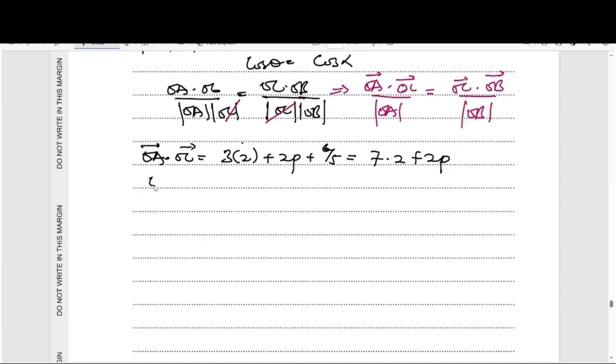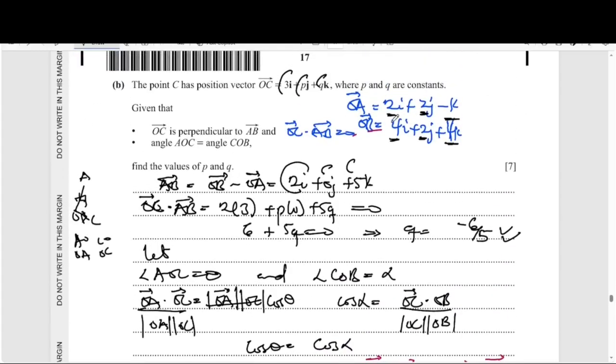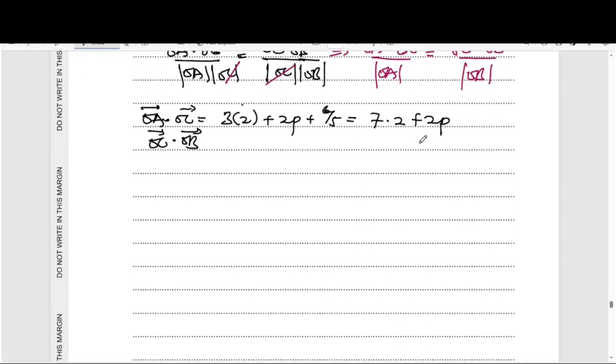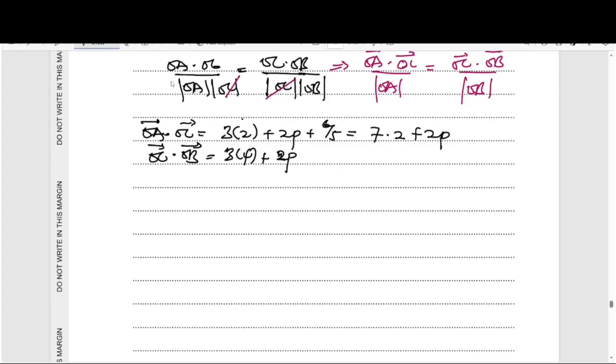Now, next to find OC dot OB as we require. Let's go back and check OC and OB. OC is 3, p, q, and then OB is 4, 2, 4, right? So you multiply them, you find a dot product. So 3 times 4, then plus 2 times p again, and then lastly plus 4 times q.